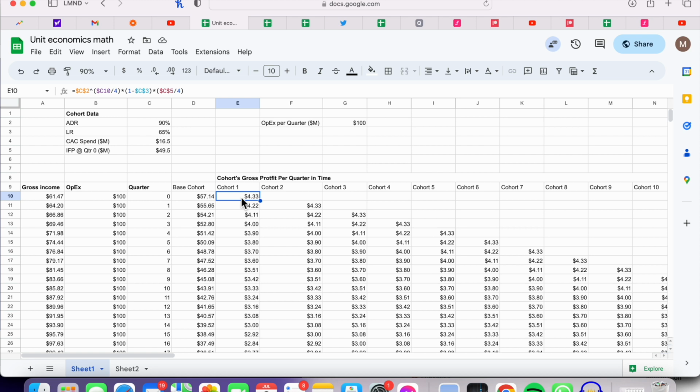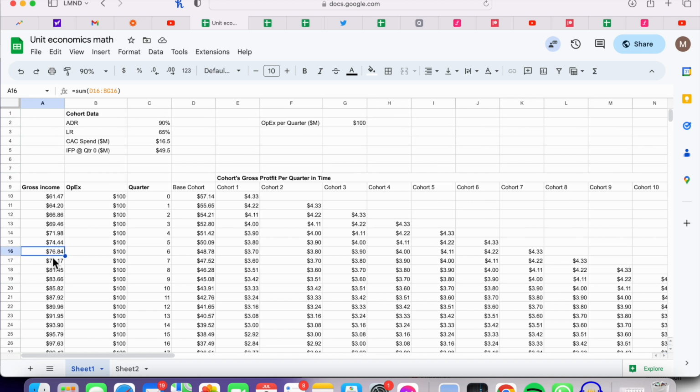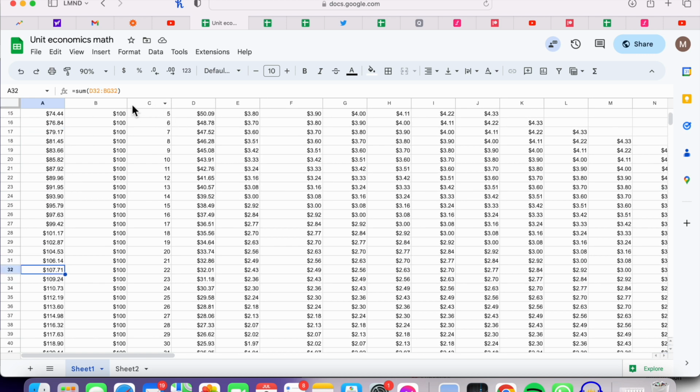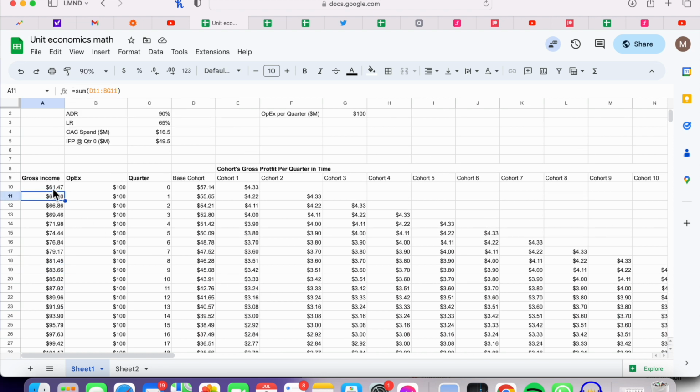I'm going to get tired of saying cohort by the end of this video, but you go all the way down, quarter by quarter, into the future, and you can see how these numbers stack on top of each other, and the gross income grows as you continue to add new quarters.